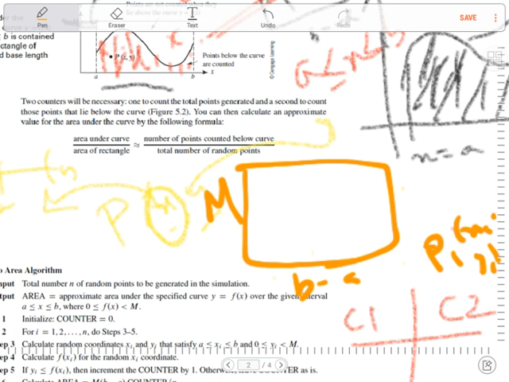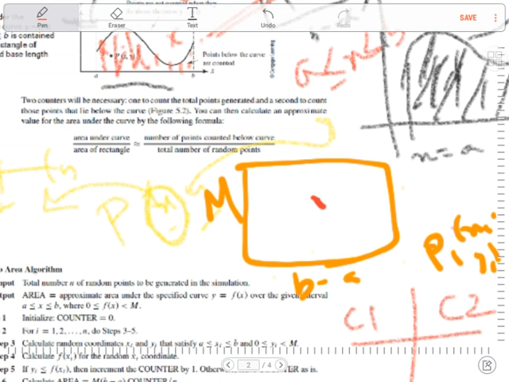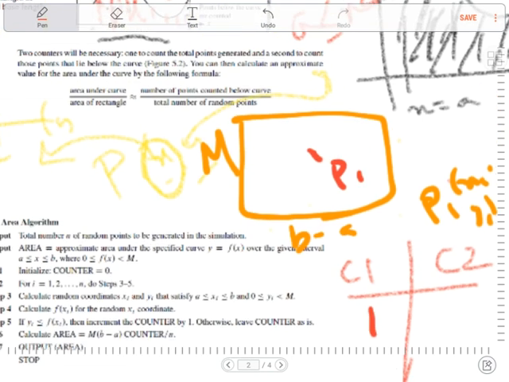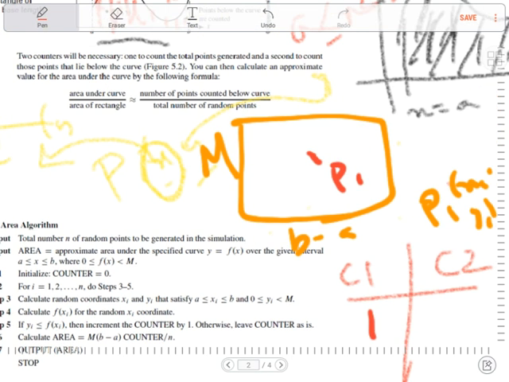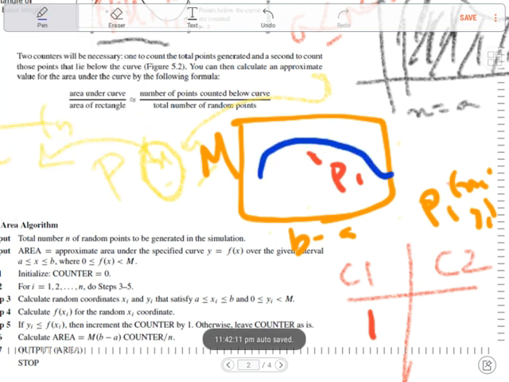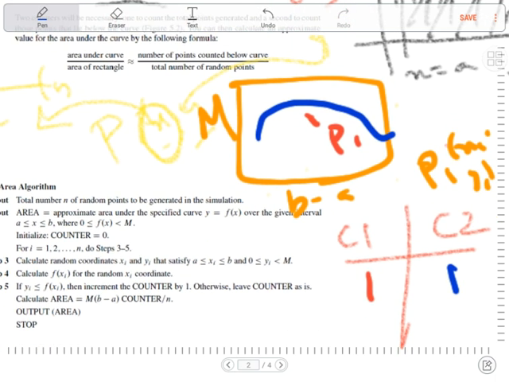As soon as I get a point from here, I count it as 1. Now we check whether the randomly generated point is lying inside the curve, that means below the curve or not. So let this be my curve. If it is lying below the curve, then I put 1 here, to specify that this point is a point lying within the required area.